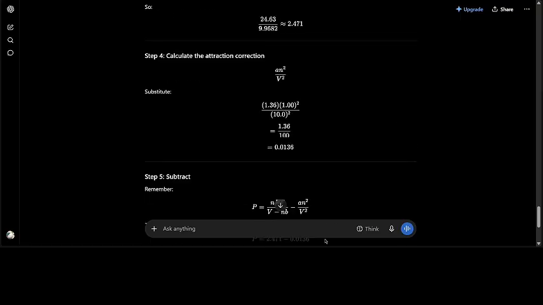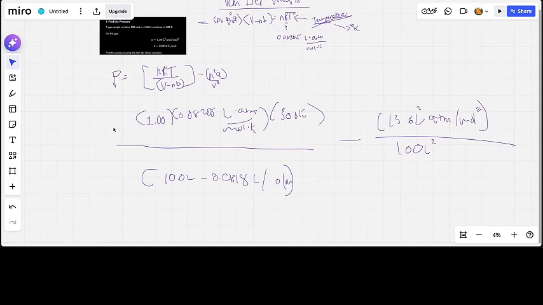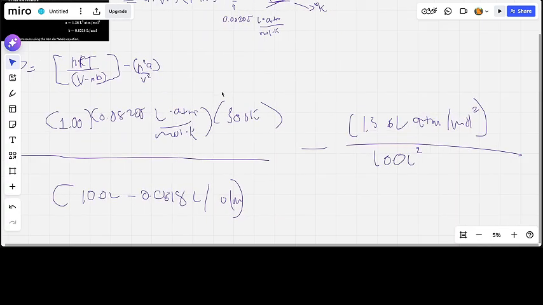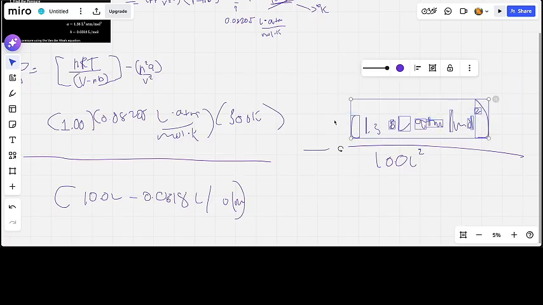Okay, so we were right the first time, except you're not supposed to do this. N times a, 13.36. This is 1.36.